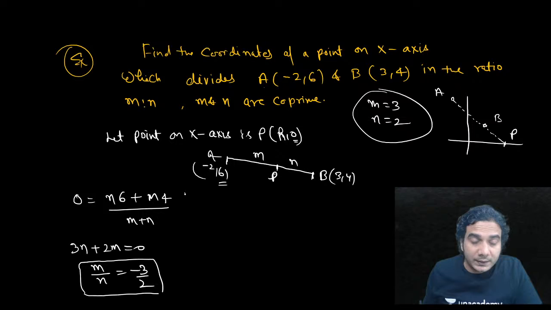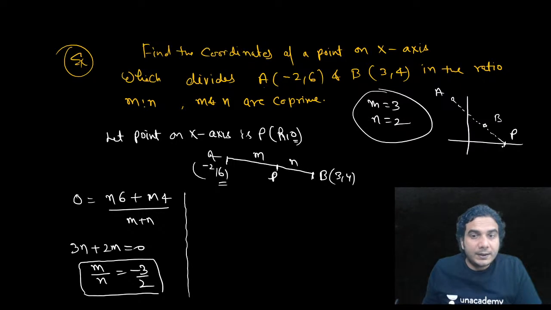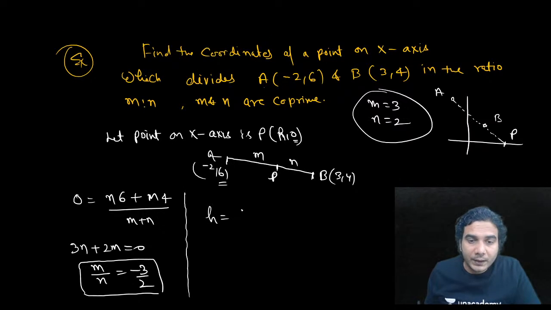The second point is apply the external division formula to find the x coordinate now. So x coordinate is going to be, we know now this is external division, okay. So n into minus 2, minus m into plus 3, divided by n minus m.